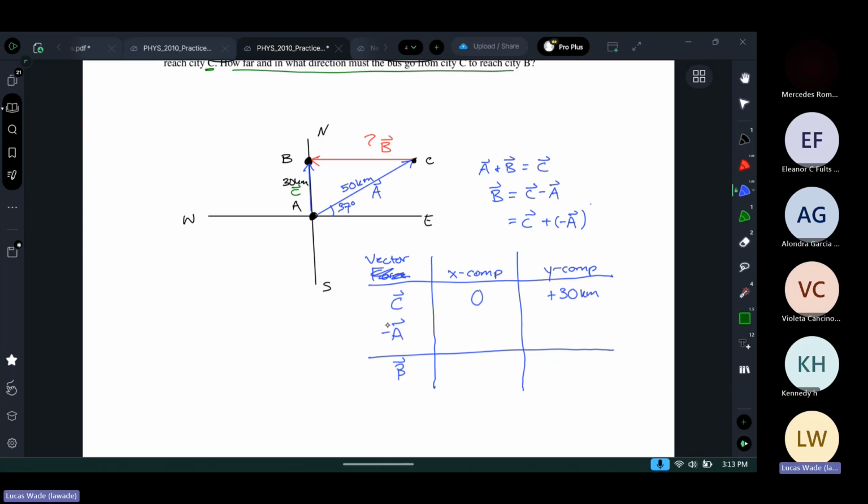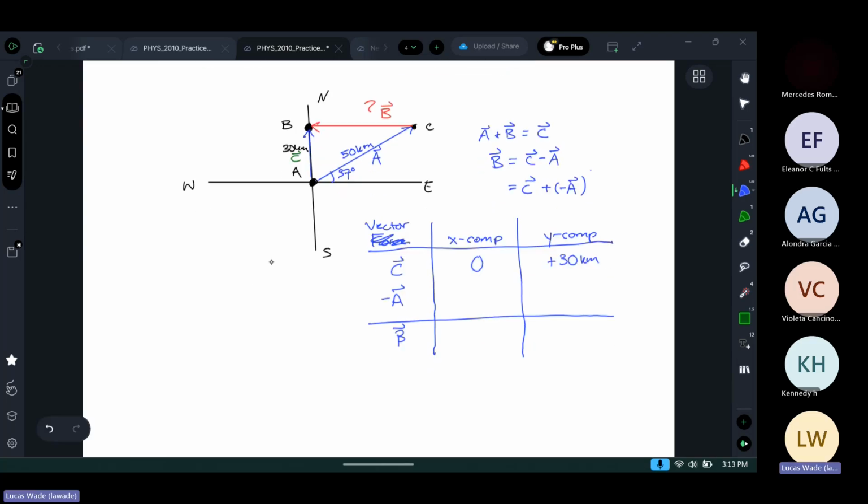For vector negative A, I got to be a little careful. Negative A is A flipped over. And so it actually points down and to the left. And so that would be my two components. You could also just say they're going to be opposite what the components for A would be. A points to the right and up.